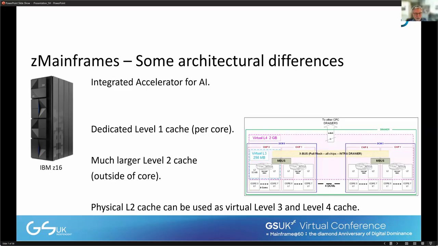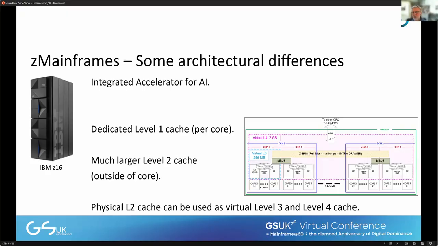So moving forward, Z16, an integrated accelerator for artificial intelligence, for AI, is something that's in addition to what I just showed you for Z15. And here the cache structure has changed a little bit. Namely, there's a dedicated level 1 cache per core and a much larger level 2 cache, which is actually shared and used for a virtual level 3 and virtual level 4 cache.